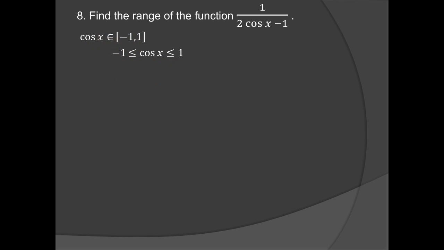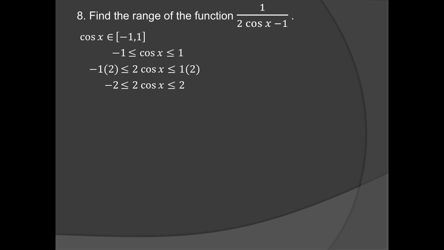Now I have to find 2 cos x because here I have 2 cos x. So this inequality is multiplied by 2. Minus 1 into 2 less than or equal to 2 cos x less than or equal to 1 into 2.